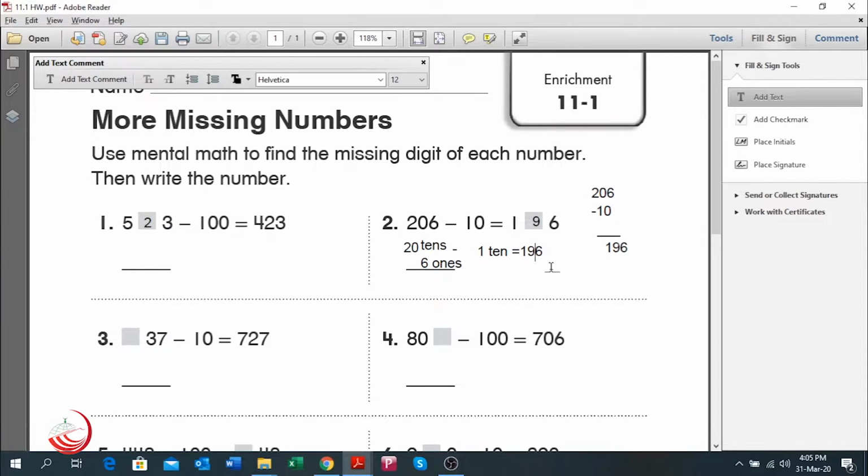And we have 6 ones here, so we just add the 6. I think this one is a bit more confusing. I just do 20 minus 1, so I do it like this. 6 minus 0 equals 6. 20 minus 1 equals 19. That's it. It's done.